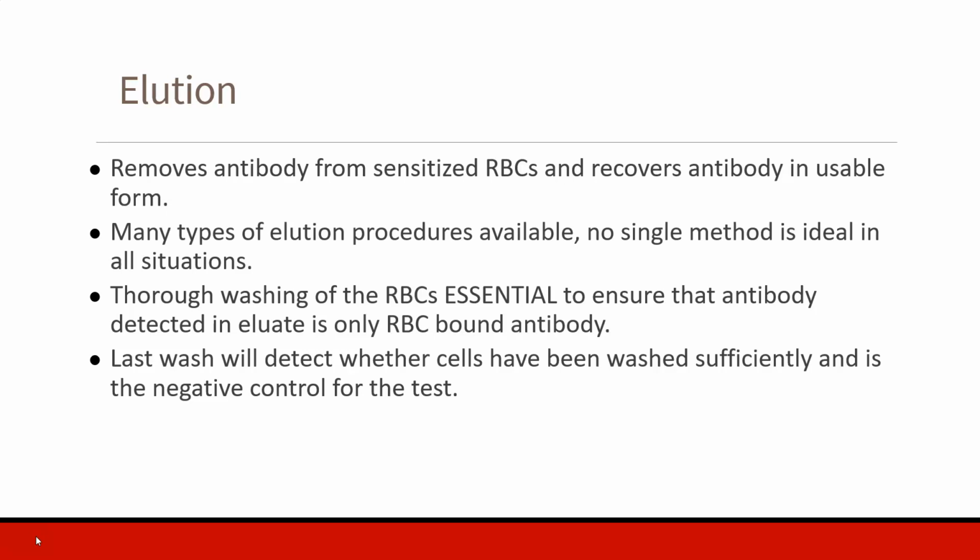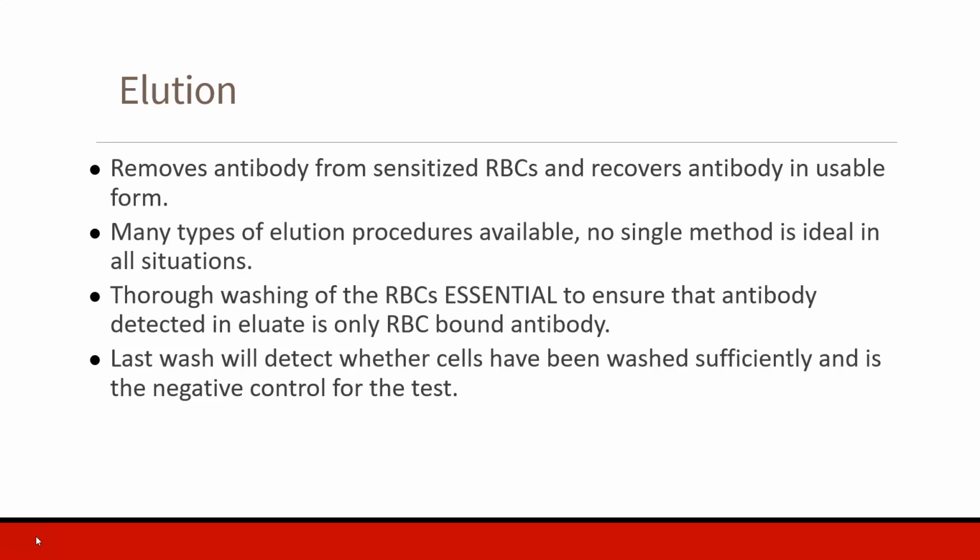Hers was 4+ with all 3 screen cells. And I said, okay. So I got a big 12 ml vacuum collection tube, plain red, and I put the 20 drops in there, and filled it with saline, washed it 3 times, and tested the last wash. It was 4+. And so it gets to a point whether it's just of academic importance.